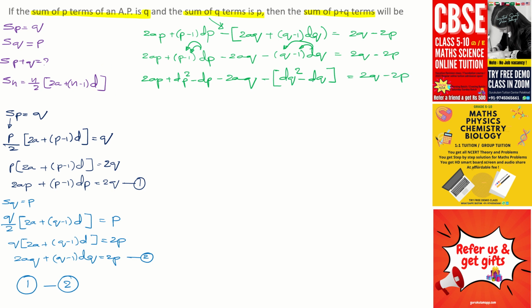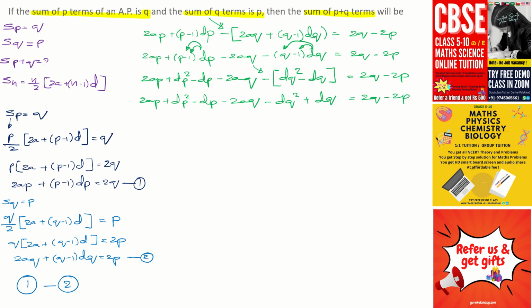Again here the sign will get changed, so it is going to be 2ap plus dp square minus dp minus 2aq minus dq square plus dq equal to 2q minus 2p.